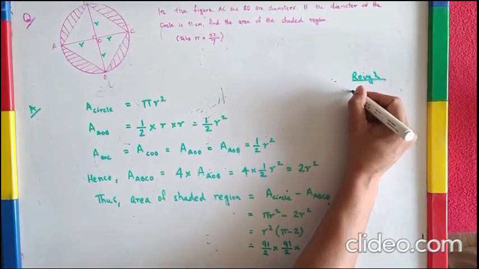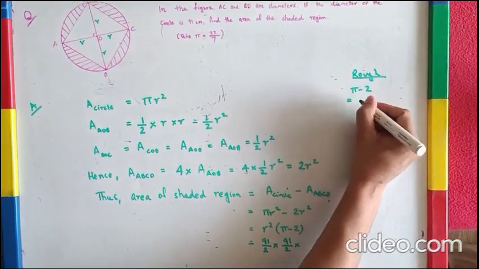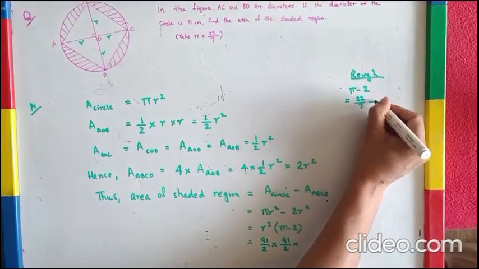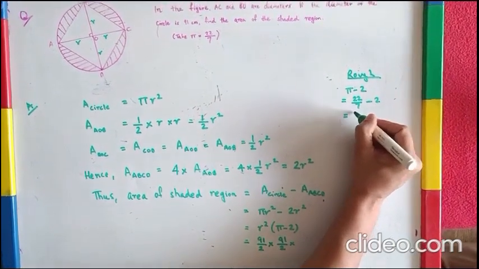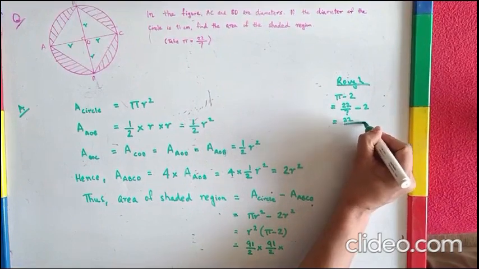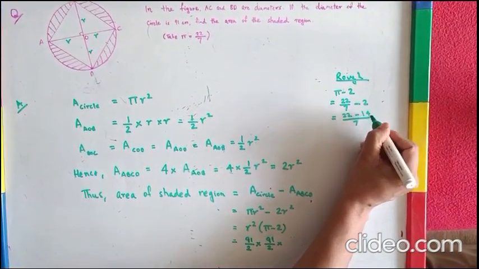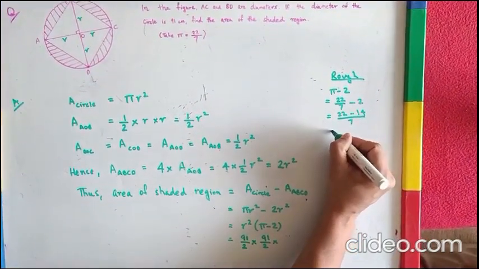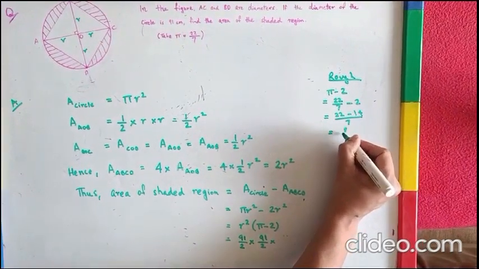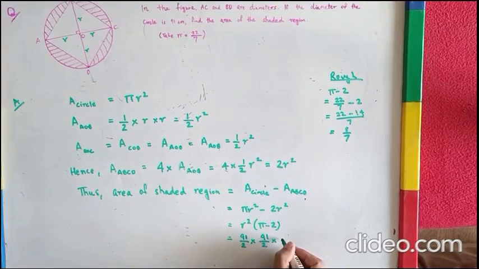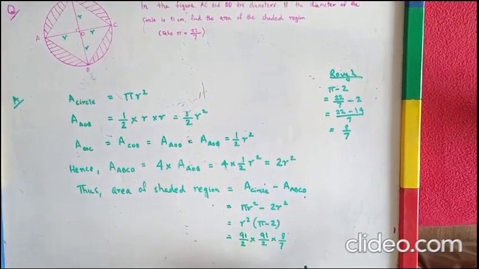So pi minus 2 is equal to 22 by 7 minus 2, which is 22 minus 14 by 7, right, which is equal to 8 by 7. So into 8 by 7.